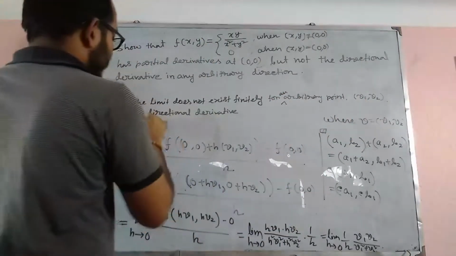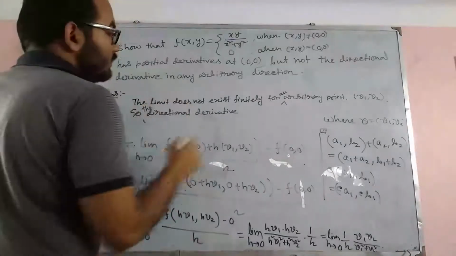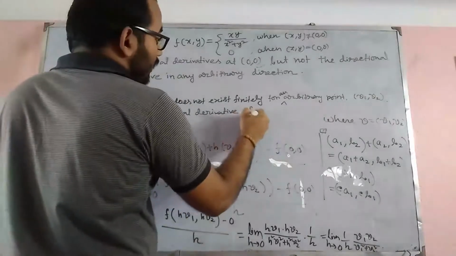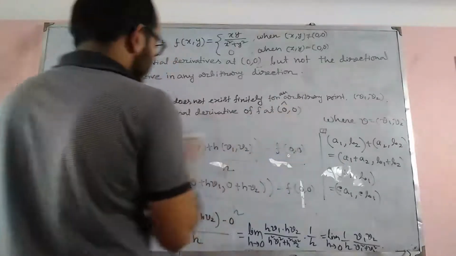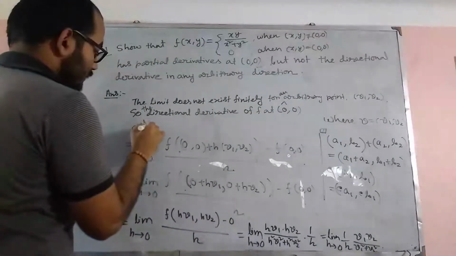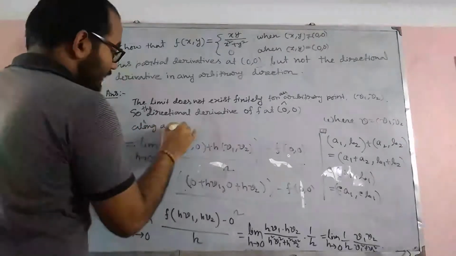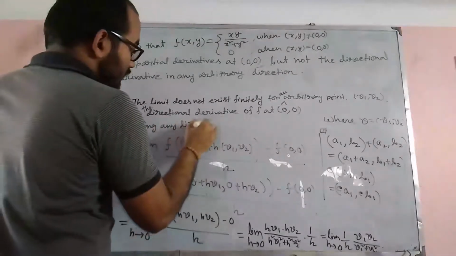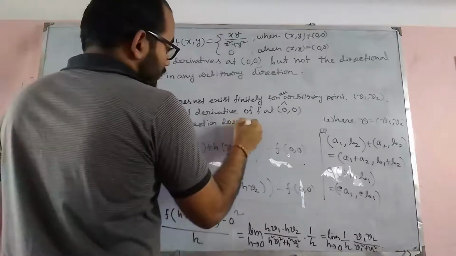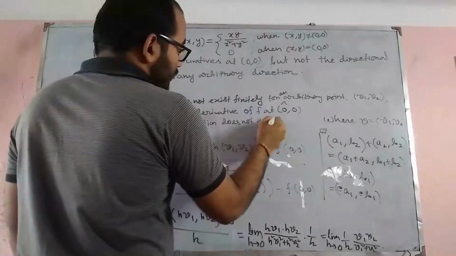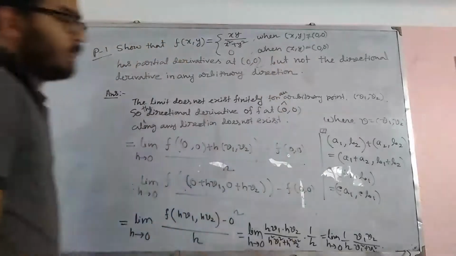So the directional derivative of f at 0, 0 along any direction does not exist. Okay.